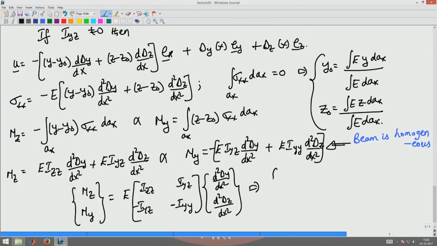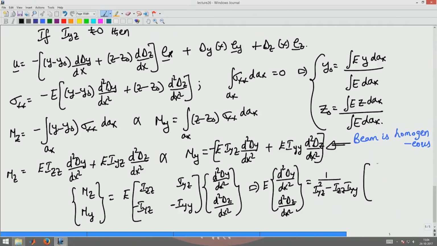From here I get d square delta y by dx square, d square delta z by dx square, into E, is 1 by Iyz squared minus Izz Iyy, into the matrix minus Iyy, minus Iyz, Iyz, Izz, into Mz, My.